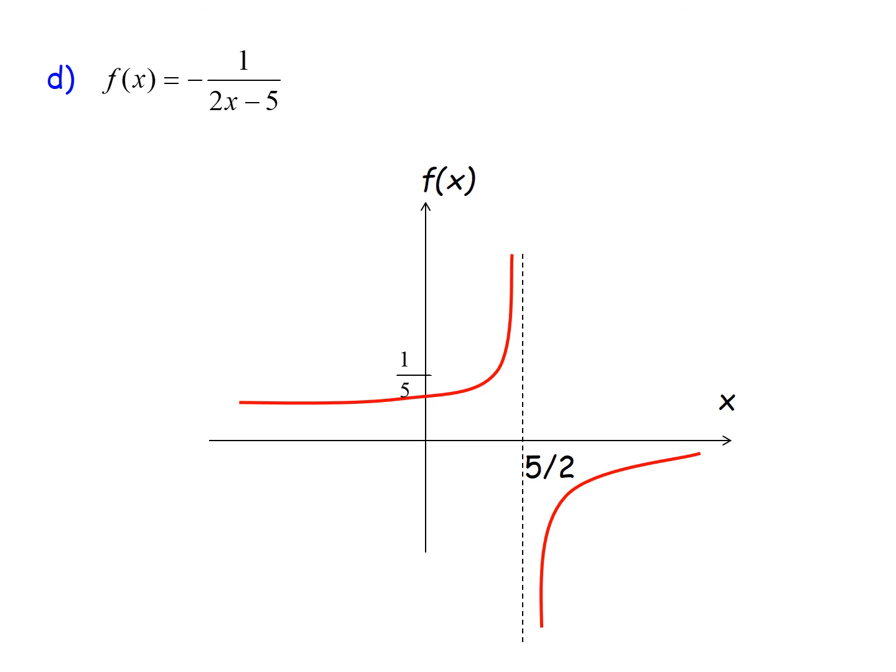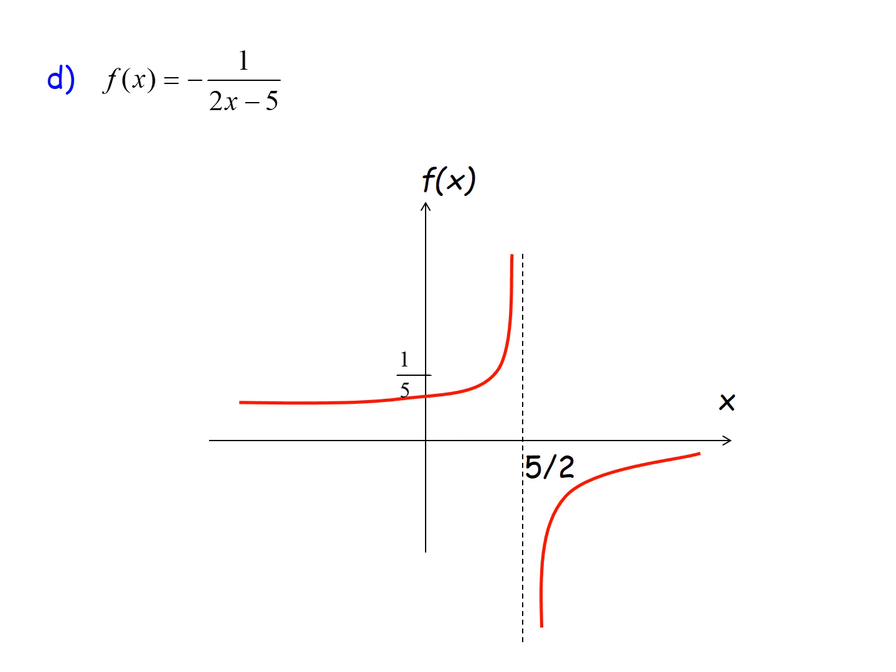We notice that the domain can expand on the left hand side and the right hand side, but we cannot cross or touch 5 over 2. So the domain is (negative infinity, 5 over 2) union (5 over 2, infinity). And we observe the range from below to the top.